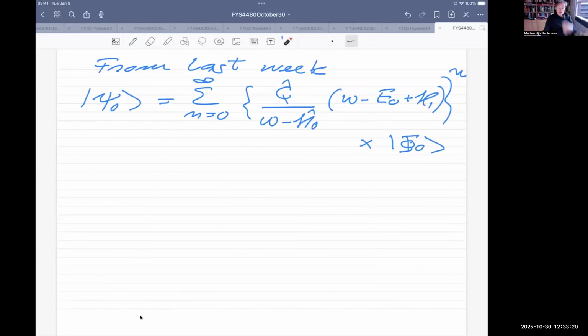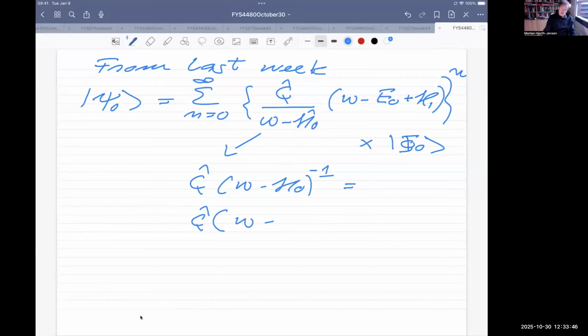Now, this expression which you have here is a little bit compact, because in principle what we have here is actually Q multiplied with omega minus H0. So H0 represents a matrix, because we are always going to operate with a finite basis. And this could also be written out as Q over omega, since H0 commutes with Q. And we often write it in a sloppy way like this.